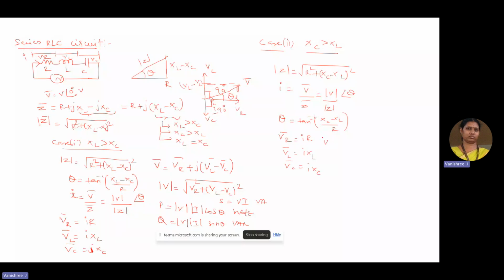Then the supply voltage can now be written as VR minus jVC plus jVL. And modulus of V can be given by root of VR square plus (VC minus VL) the whole square.